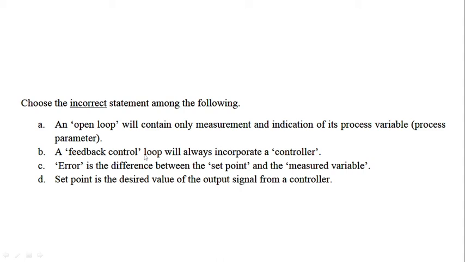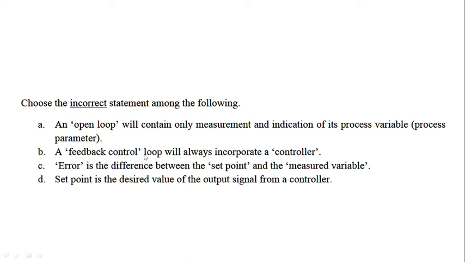Then here the error is given in a feedback controller. Error is given by the difference between the set point and the measured value. So here we will be getting the error, which is set point minus measured value.